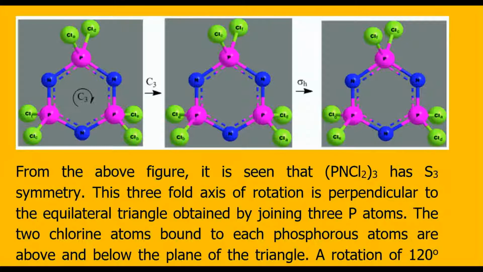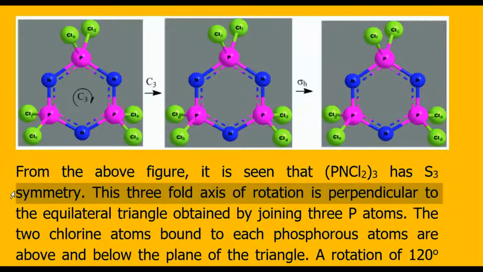So that is our result of performing S3 operation on the trimer of your dichlorophosphazine. And you will see that after the S3 operation, the appearance of the molecule remains same as that of the original one. So from the above figure, it is seen that (PNCl2)3 has a S3 symmetry.